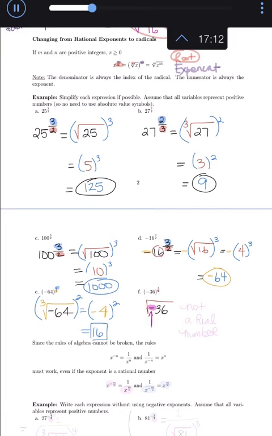As of right now, we don't have a way to do this, so we can stop here and say the solution is not a real number. We're careful not to say that there's no answer. We're just saying that it's not a real number.